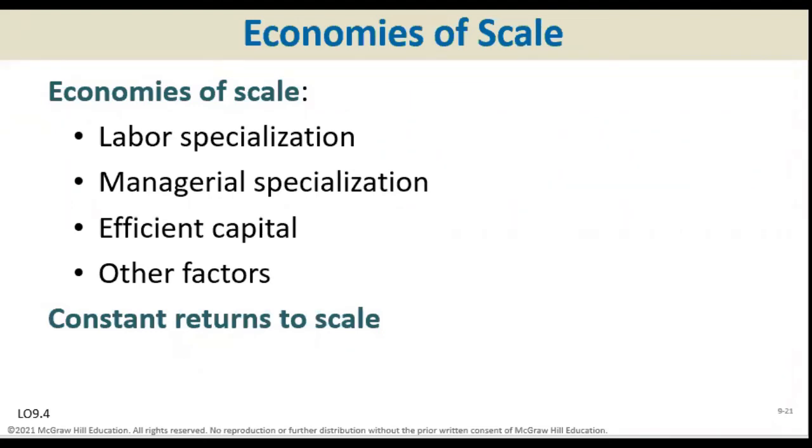So the resources you put in will result in that proportionate increase in output, versus when there are economies of scale, an increase in input will result in more than a proportionate increase in output.